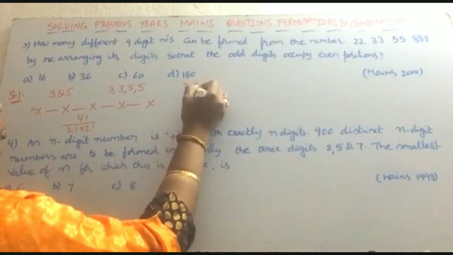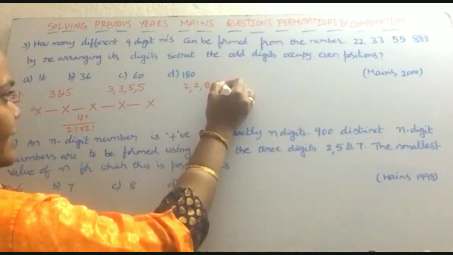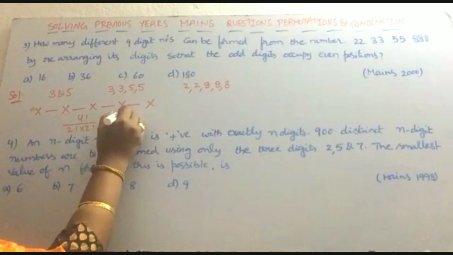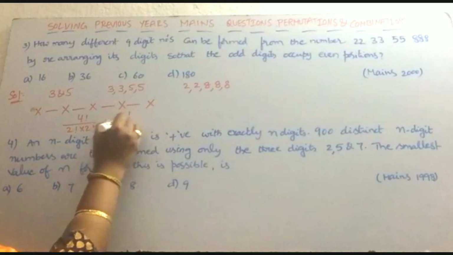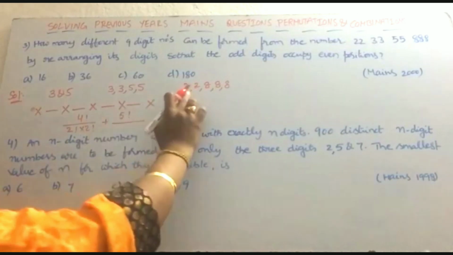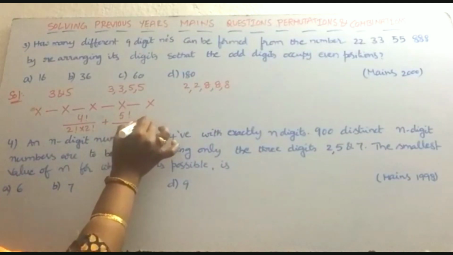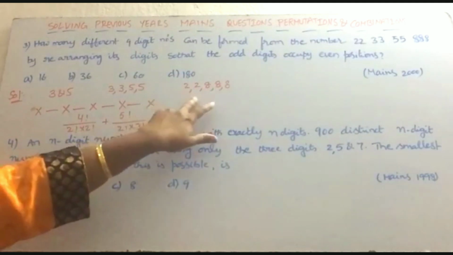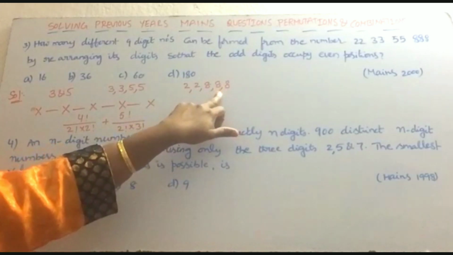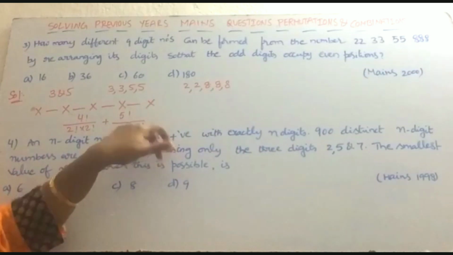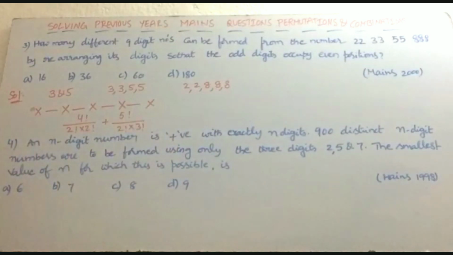2, 2, 8, 8, 8. These are 5 numbers, arranged in 5 factorial by 2 factorial into 3 factorial. So here 2's are 2 and 8's are 3. That means 5 factorial by 2 factorial into 3 factorial.